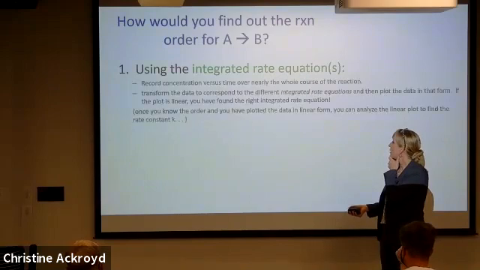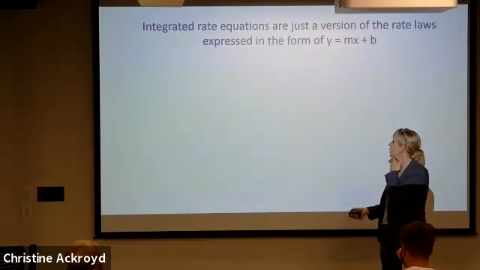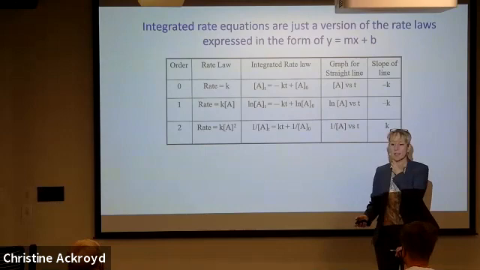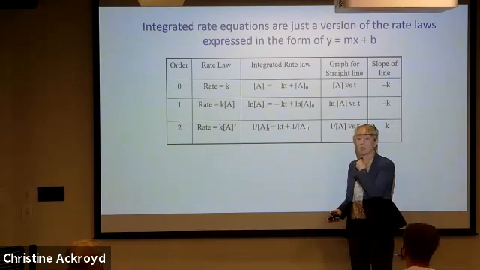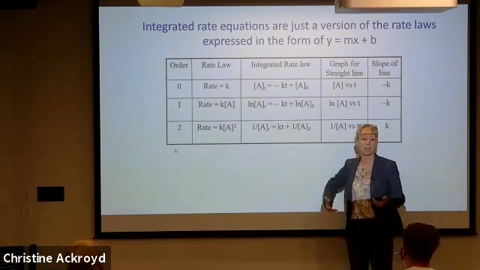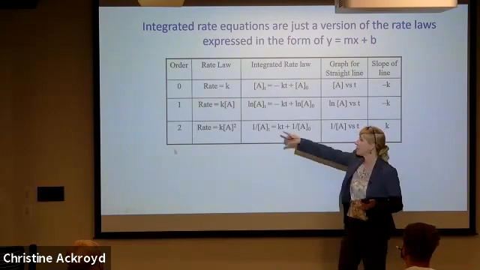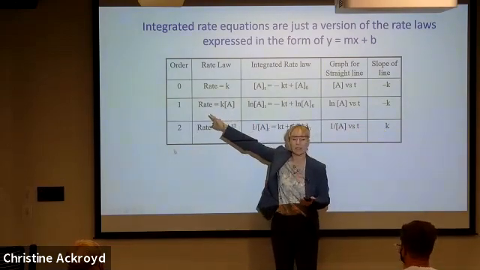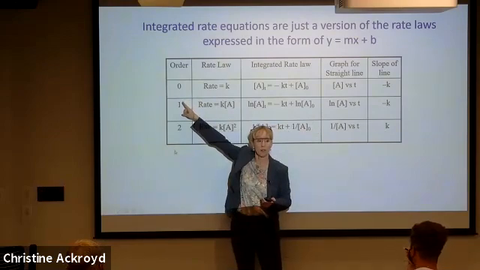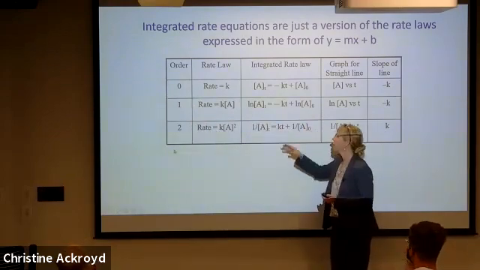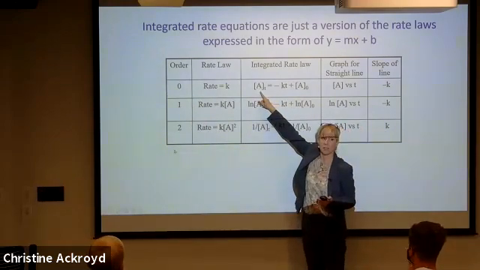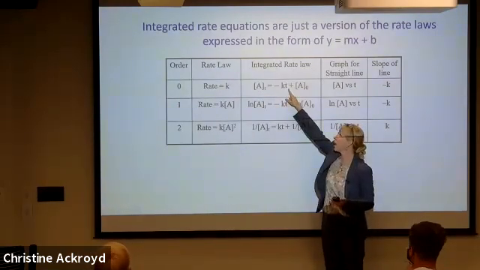So we integrate the rate laws and we express them in a rearranged form that's the equation of a line. So what do the integrated rate laws tell us? They tell us that if the rate law is 0th order, then the concentration as a function of time is going to be what?